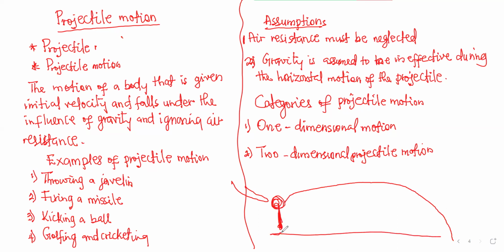This is one-dimensional projectile motion because the angle between the ball's initial velocity and the ground is 0.